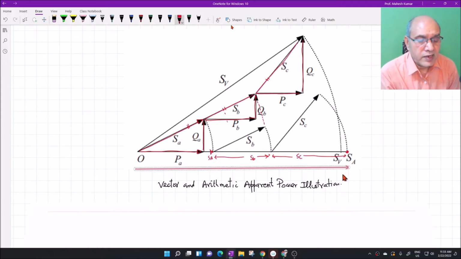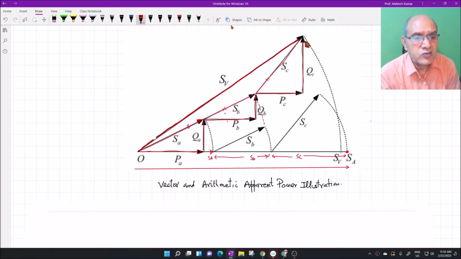Okay, and what is the SB? SB is the vector sum. So if I add the SA, SB, SC on a vector basis, this is one vector, this is the second vector, this is the third vector. If I add them on a vector basis or phasor basis, we will get this term.